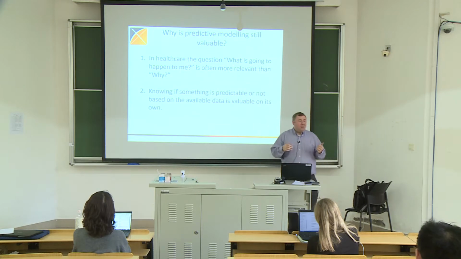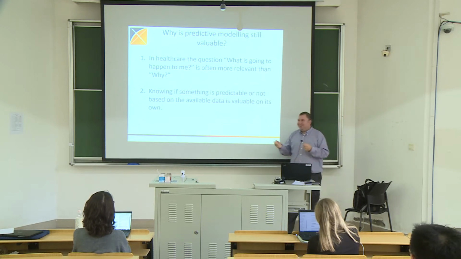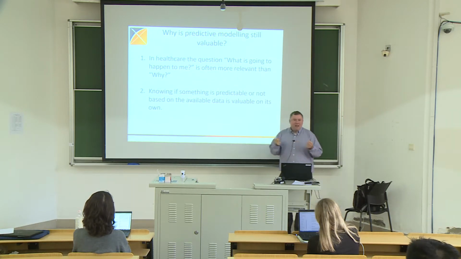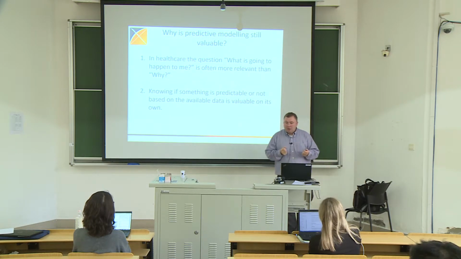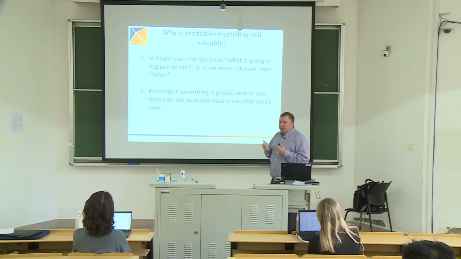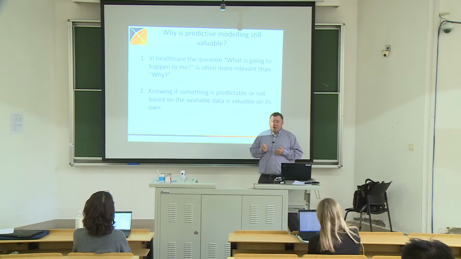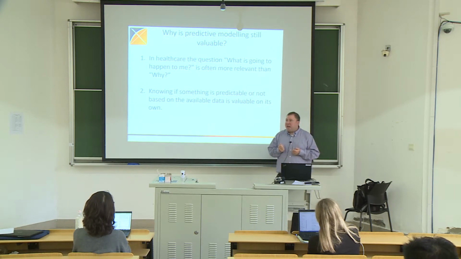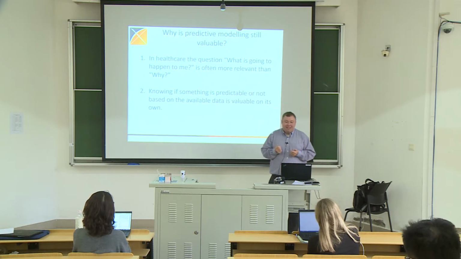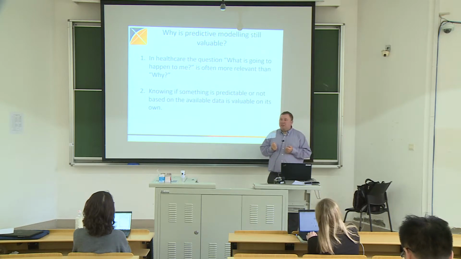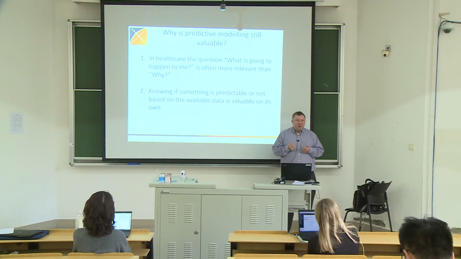So, given that we can't explain a variable, why is this still valuable? Well, my assertion is that in healthcare, when a patient asks, what's going to happen to me, that question matters a lot more to a patient than why is something going to happen to me.